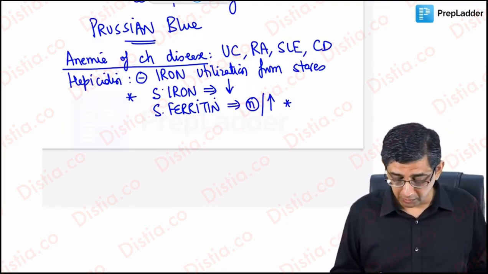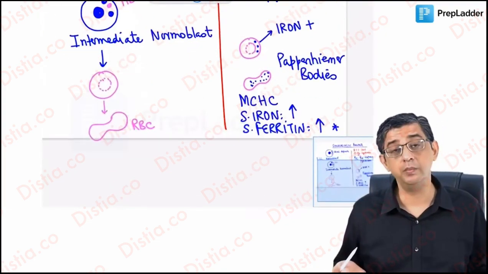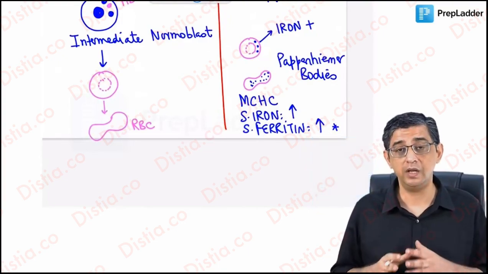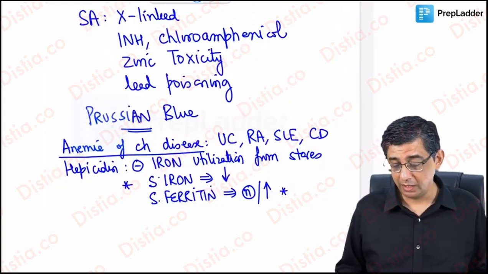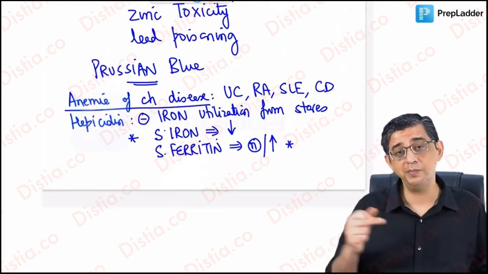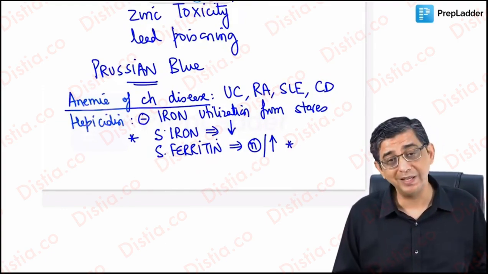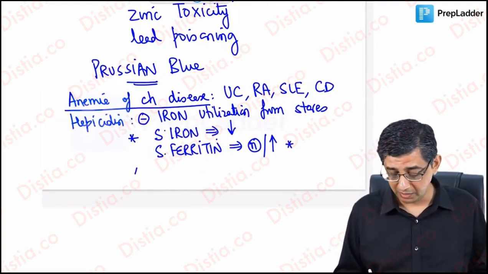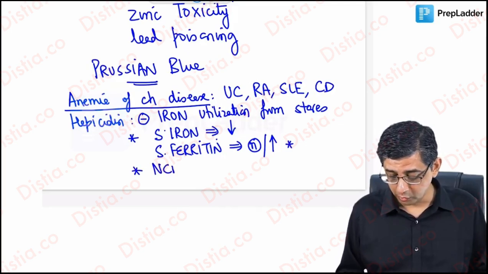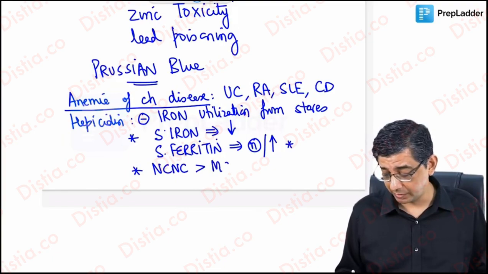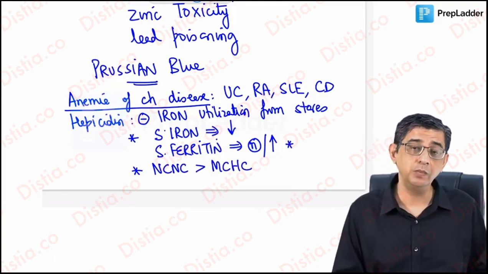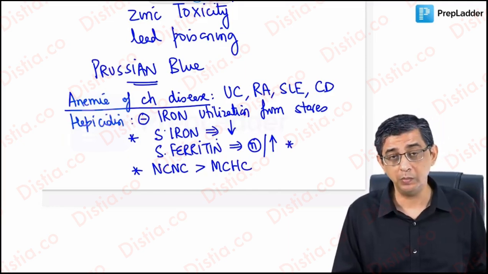But how is it different from sideroblastic anemia in terms of serum iron levels? In sideroblastic anemia, I was teaching you that serum iron is going to be elevated. Why? Because there are iron-loaded red blood cells. But this time, it is the inhibition of release from the stores which is responsible for the decrease in the value of serum iron. Plus, the type of anemia seen here is normocytic normochromic. You might say, sir, you have discussed, or the pathologist has told, that anemia of chronic disease is microcytic hypochromic anemia.